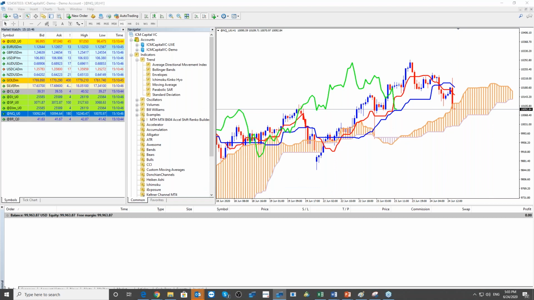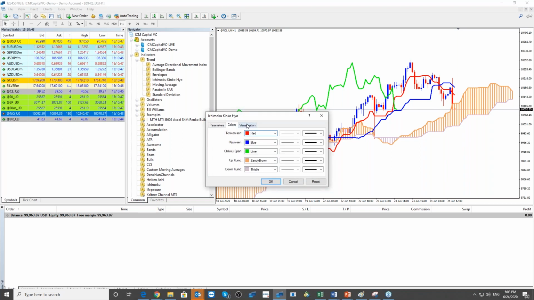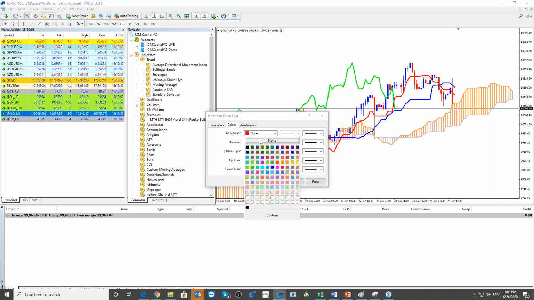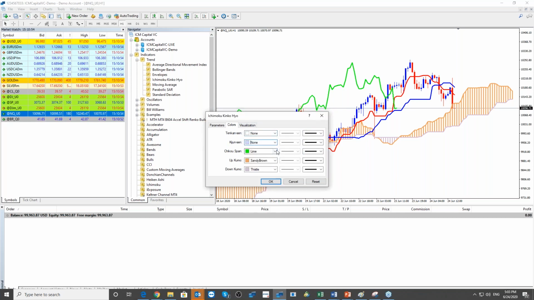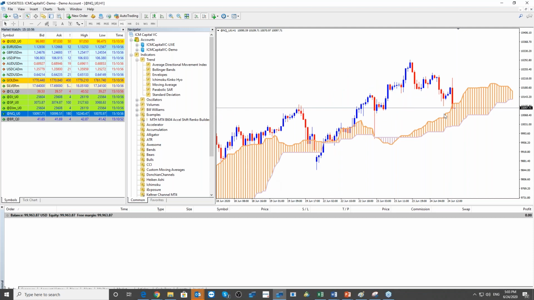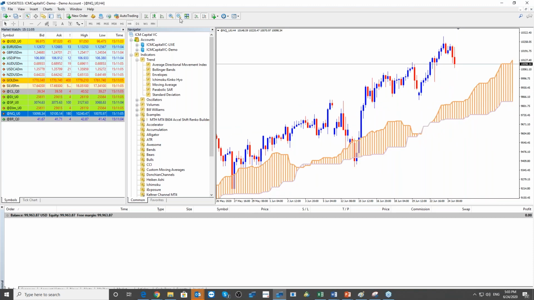Some of the traders prefer to use only the cloud itself, so they omit all these lines and use just the cloud. As long as the price is above the cloud, they would be buying, and if the price is below the cloud, they will be considering selling positions.